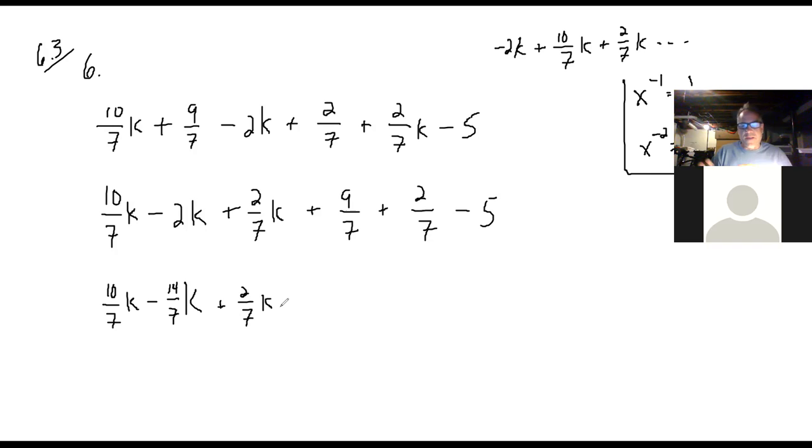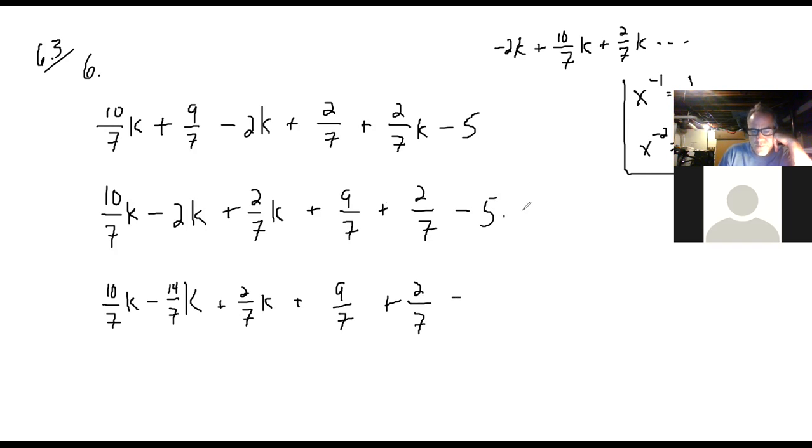Now if you had your calculator, the TI-30, you could just punch in 10 sevenths minus 2 plus 2 sevenths and hit enter, and then get the answer as a fraction. Since I'm doing it by hand, I'm going to do the same thing here. These two have the same denominator, and then I'm going to write this one with the denominator 7.